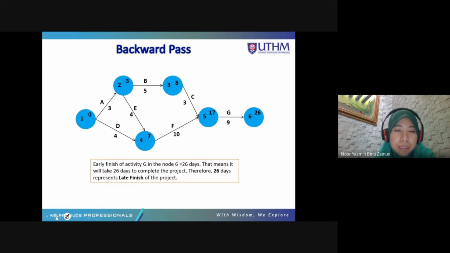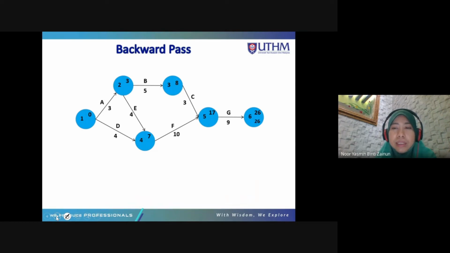Backward pass. So the early finish of activity G at node number 6 is 26 days. That means it will take 26 days to complete the project. Therefore, 26 days represents the late finish of the project. So this is early finish, this is late finish.